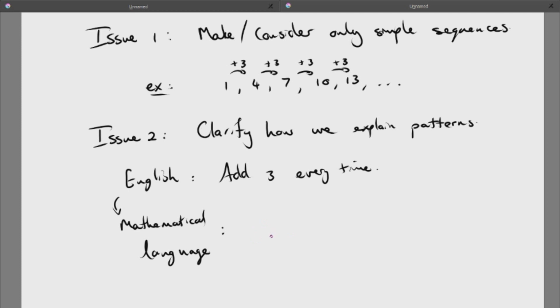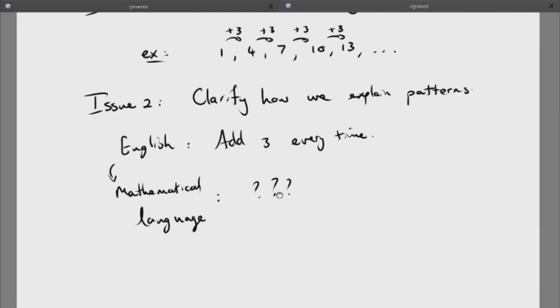So for that, we need to just get some words together to help us isolate and refer to different parts of the sequence. We can't just say numbers, because there are the numbers in the sequence, there are the numbers that I add, there are all kinds of numbers floating around. So let's call them different things.